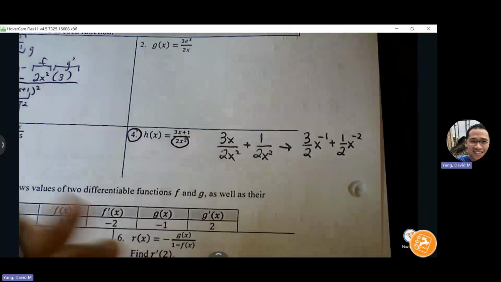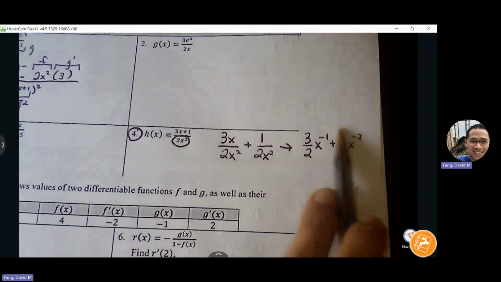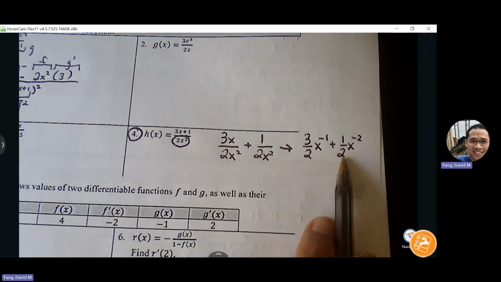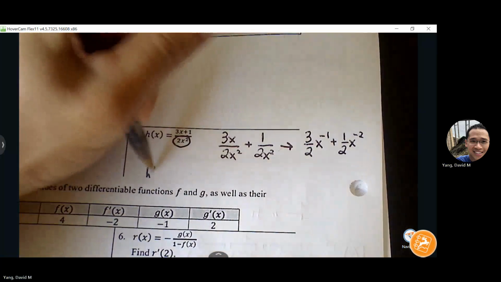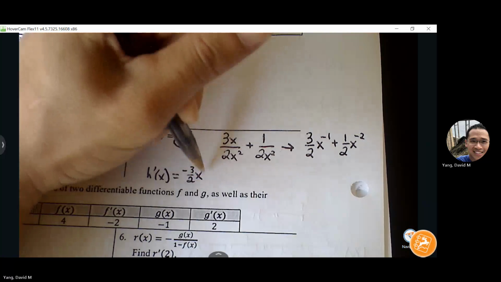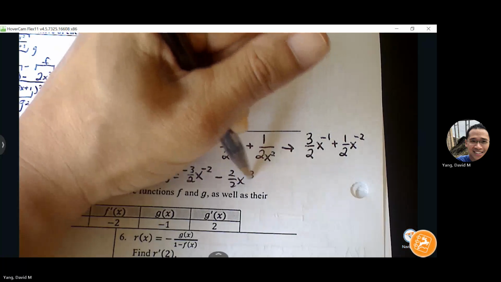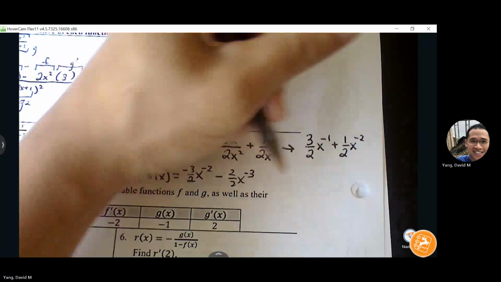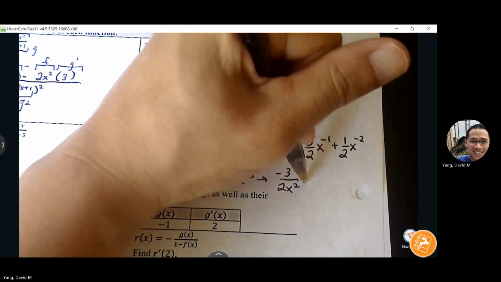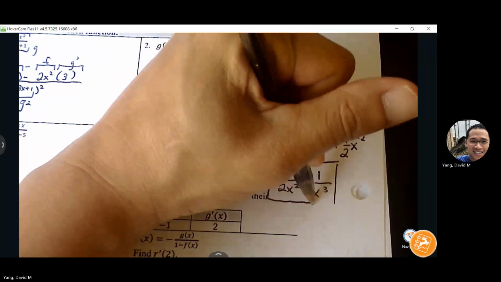So now I'm able to split up into individual pieces, and I can just go through power rule once I have the full separation between these two terms. You'll get the same thing using quotient rule.